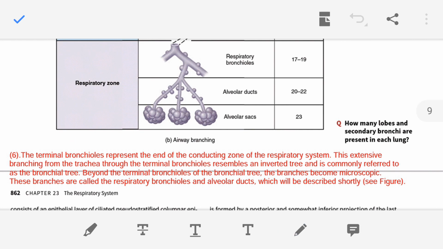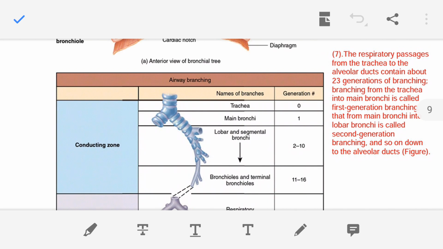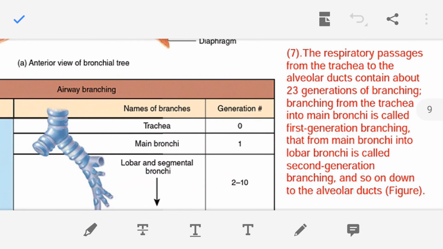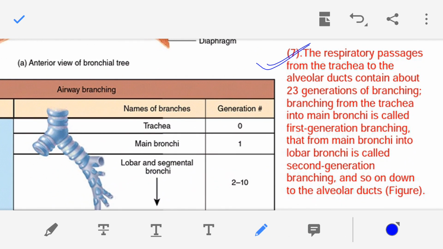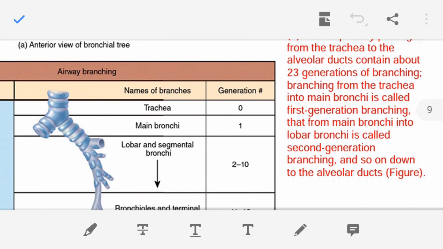Now here you see one table is given, and this is our seventh point of discussion. In the seventh point, something related to generation is written. What is the meaning of this generation?